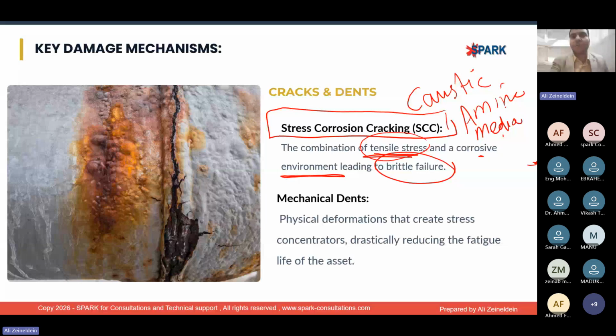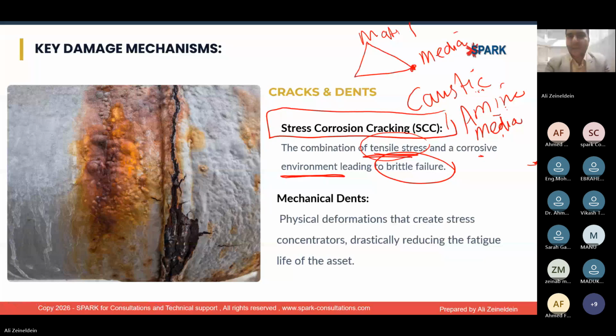So stress corrosion cracking we can summarize in this triangle. For example, one angle is the material, the second angle of the triangle is the media, and the third angle is stresses.